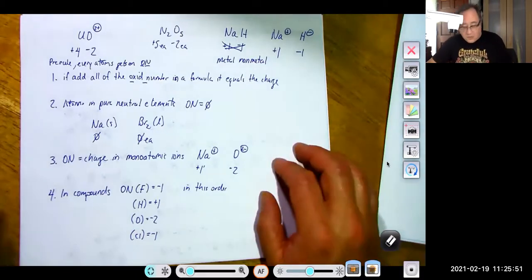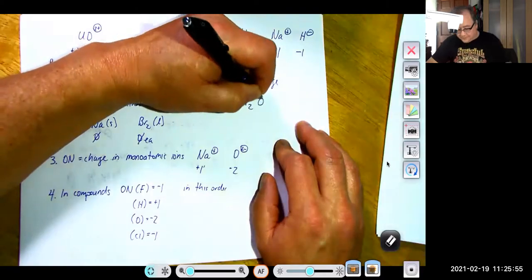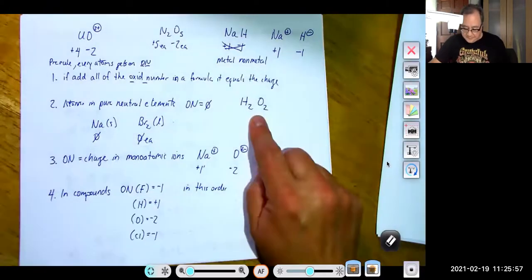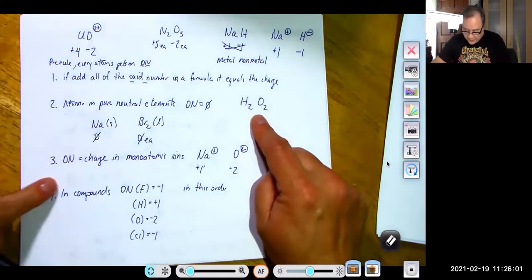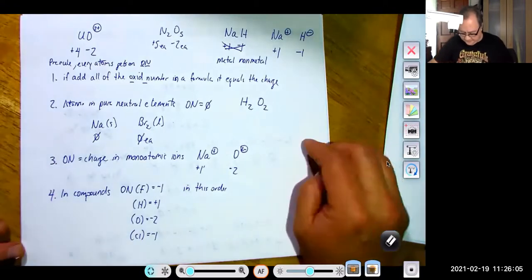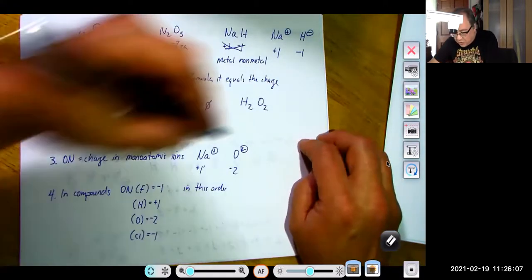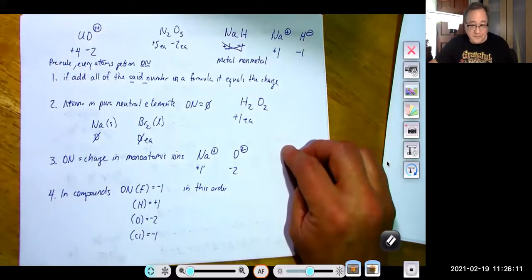Let's take a look at another one. H2O2. No pure elements, no ions. What do we assign first, hydrogen or oxygen? Hydrogen. So these are +1 each. What are the oxygens? -2 each.